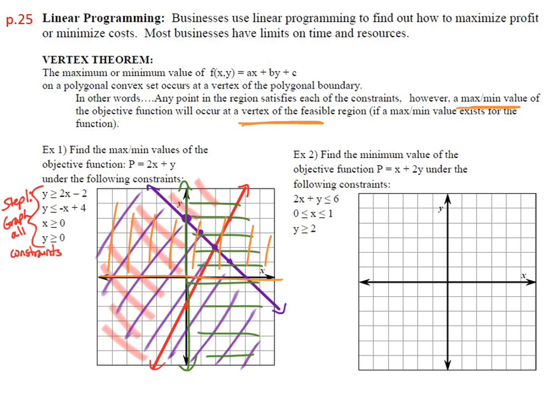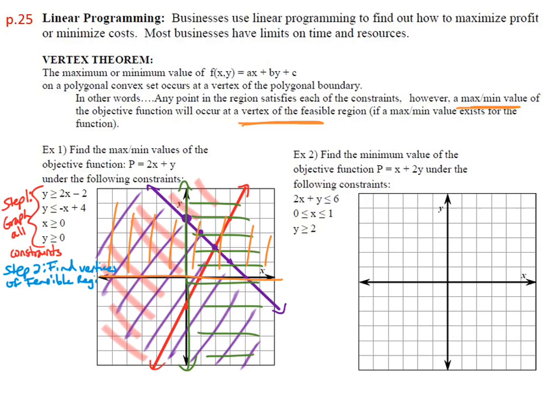In addition to that, our step 2 will be to find the vertices. So we want to see the points, or the vertices, of our feasible region.